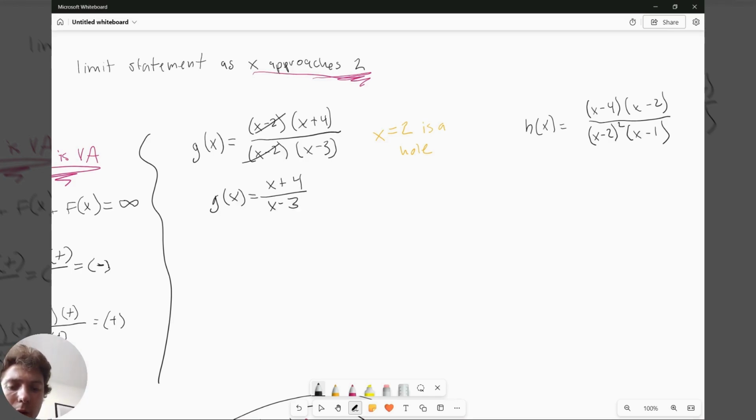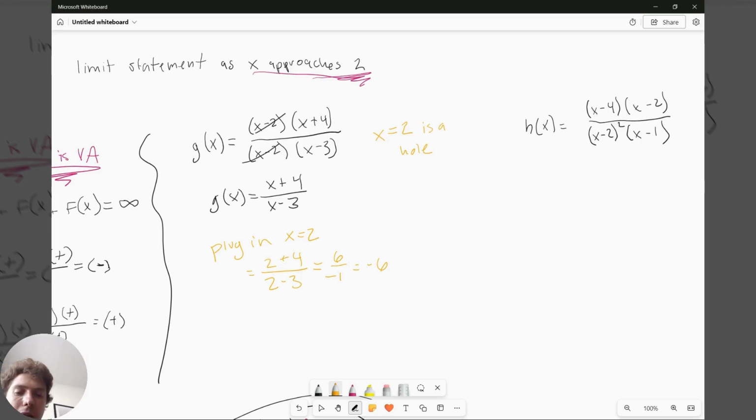So to do that, what you do is you plug in the actual value. If I need to know the y value, I want to figure out what I get as an output. That means I need to input something. So I'm going to input 2 into our reduced fraction, 2 plus 4 over 2 minus 3. Figure out what that gives us. It looks like you'd get 6 over negative 1, which is negative 6.